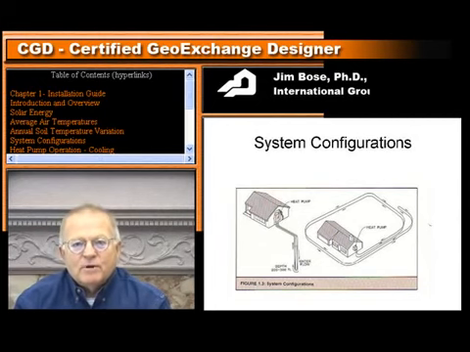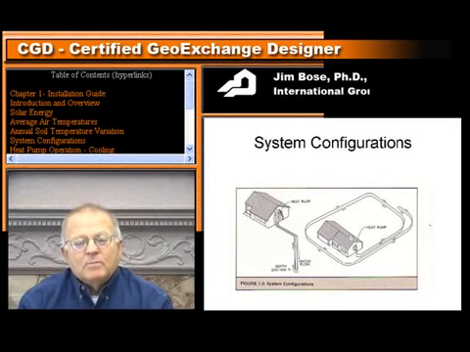Which is best from a thermodynamic standpoint? Not one is better than the other. The vertical borehole will have a higher average temperature than the horizontal system, but remember that whatever we don't have temperature-wise with a horizontal system can be compensated by length.